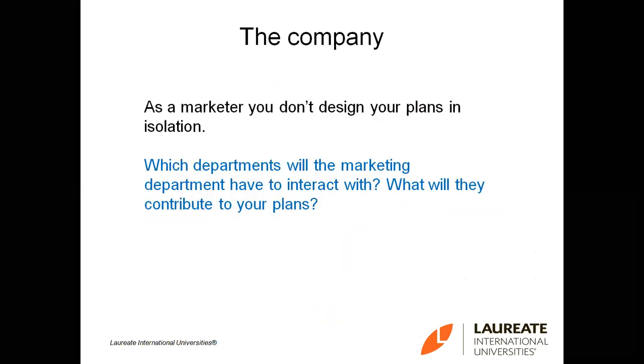The company, for instance: everybody in the company works hand in hand to create the offering, deliver the offering, and communicate the offering that has value for customers in the exchange process. So we work together with the other departments, finance, R&D, and so on and so forth.